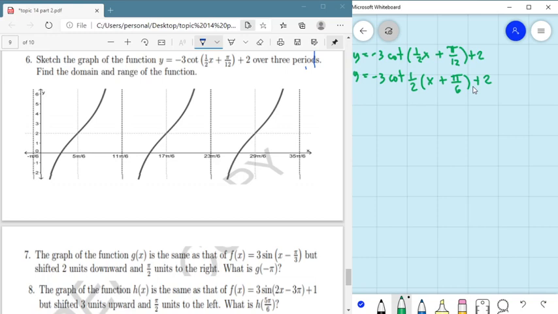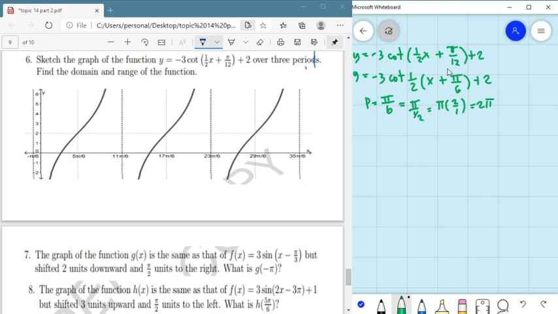Okay, and since this is cotangent, therefore our period must be pi over b. And our b here is 1/2. Pi over 1/2 is equivalent to pi times 2 over 1, or that would give us 2 pi. Okay?